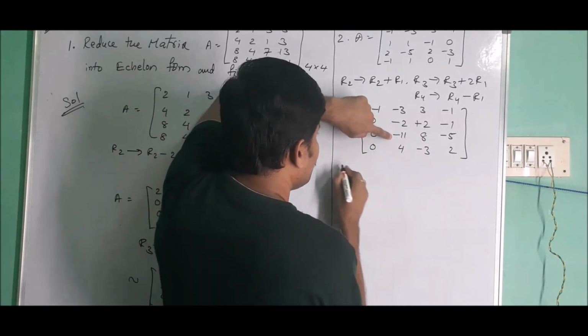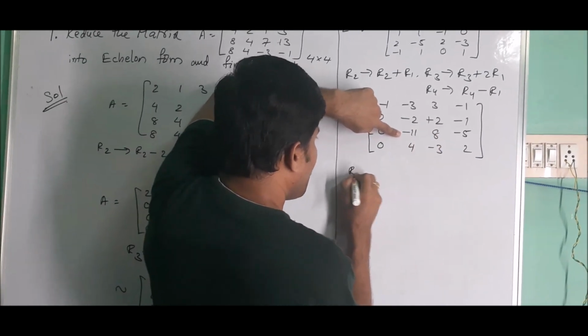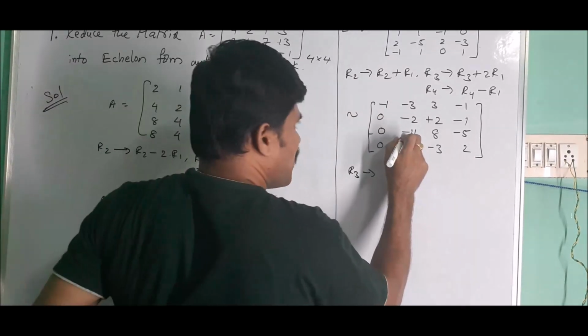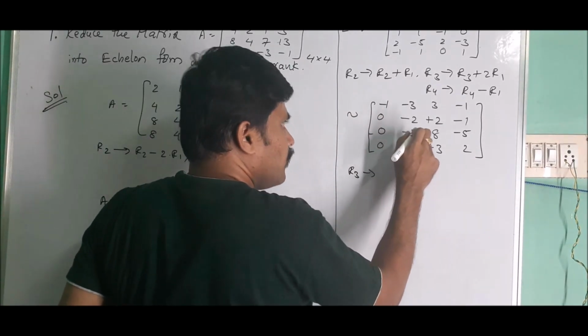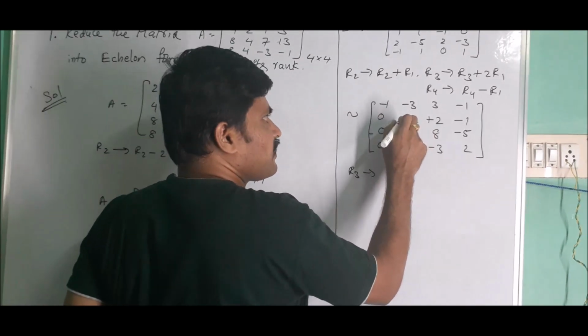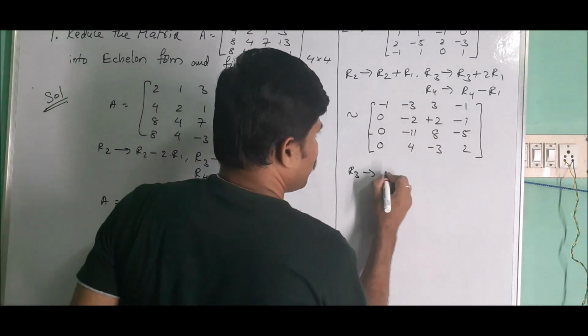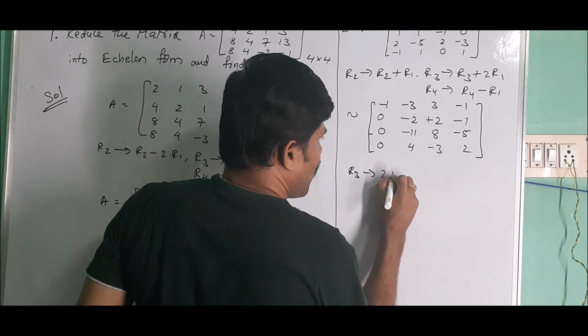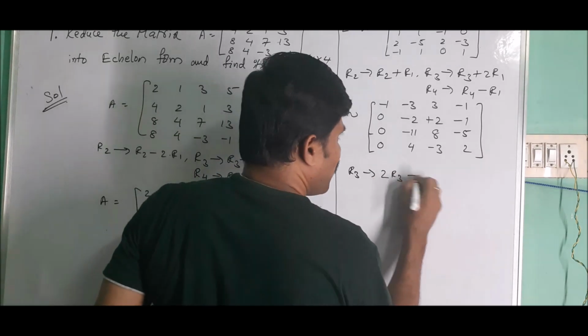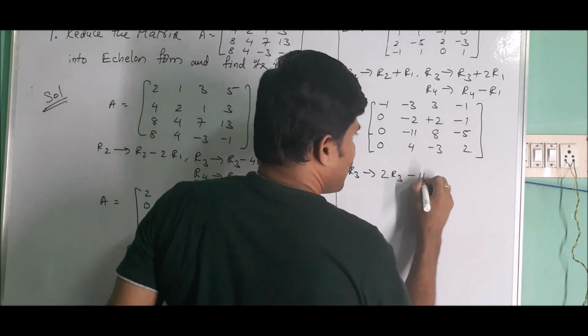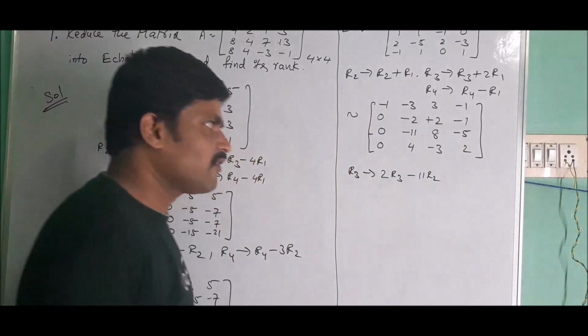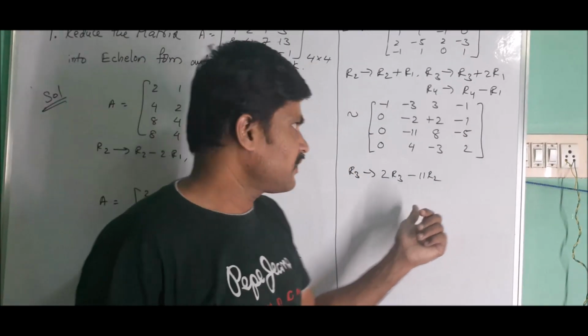First of all, we take one row transformation, R3 changes: multiply the third row by 2 and the second row by 11 and subtract. So 2R3 minus 11R2. This is one transformation.